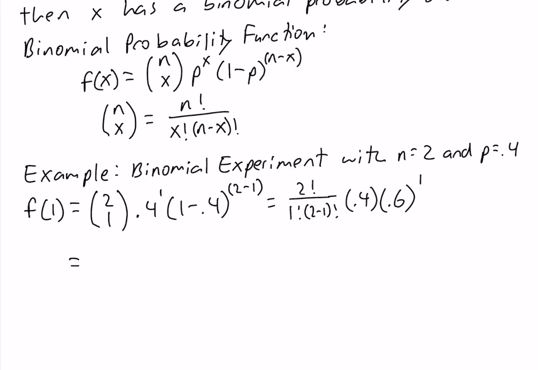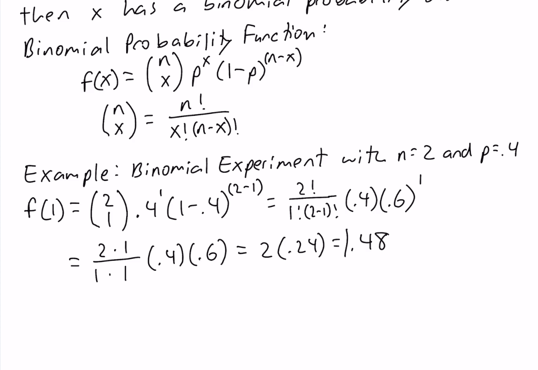So 2 factorial over 1 factorial times 2 minus 1 factorial is going to be 2, times 0.4 times 0.6, which is 2 times 0.24, which is equal to 0.48. So the probability of having one success in this experiment is 0.48.